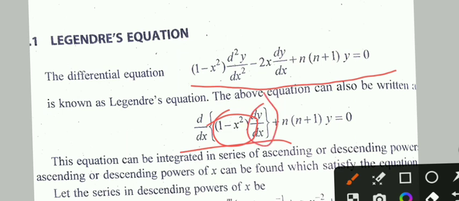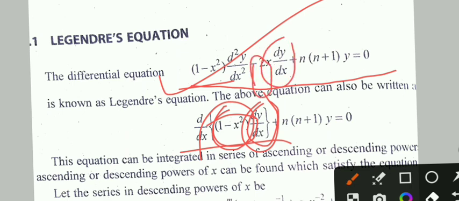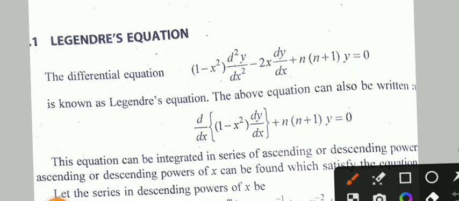Then we differentiate the v function first, keeping 1 minus x squared outside, and again we differentiate 1 minus x squared, keeping dy/dx outside, so we get minus 2x dy/dx, and this term is the same as in the equation. This is how we can write the Legendre equation in two forms.